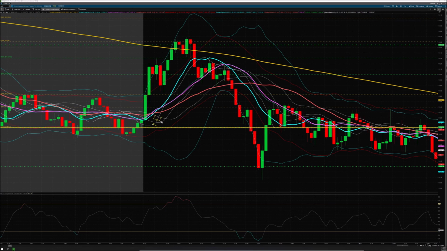I'm guessing that's what this alligator indicator is, right? Yeah, basically. Like I said, if something does work, there's no need to change it. This here actually looks decent.